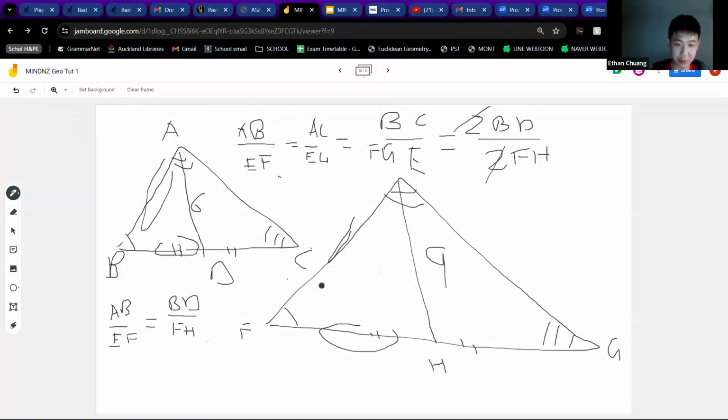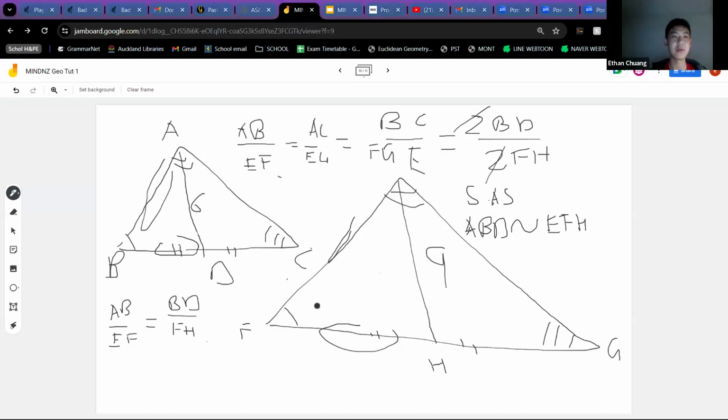And we know that the angle in between these pair of sides is equal, right? So by side angle side, we know that ABD is similar to, what is the triangle? EFH. Does everyone kind of understand that?